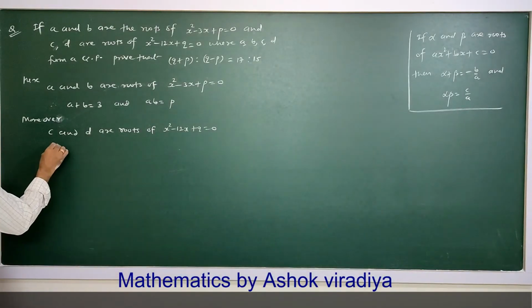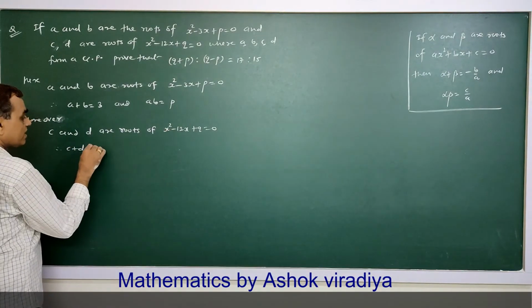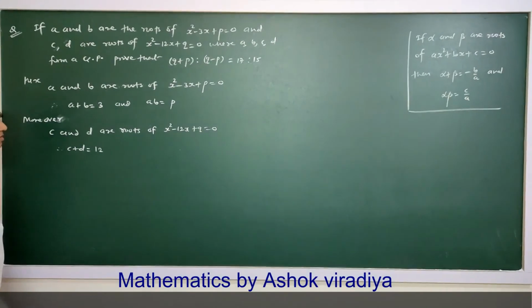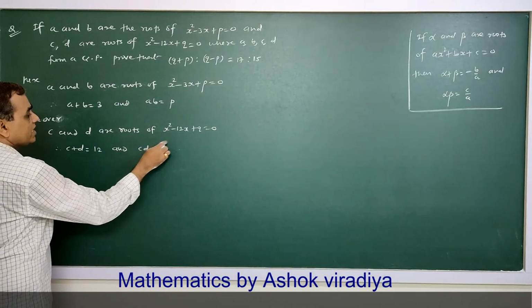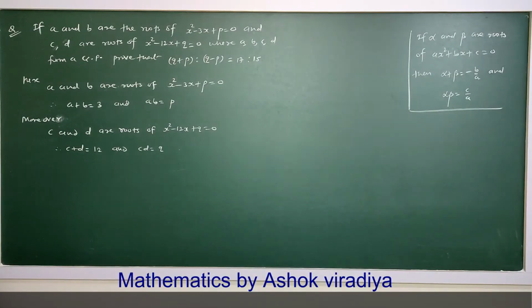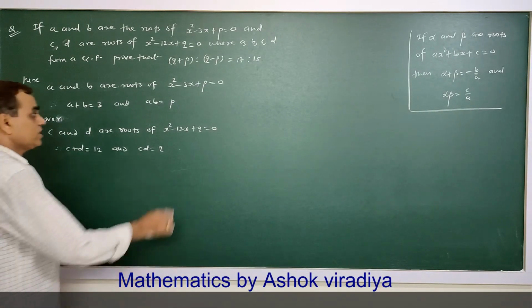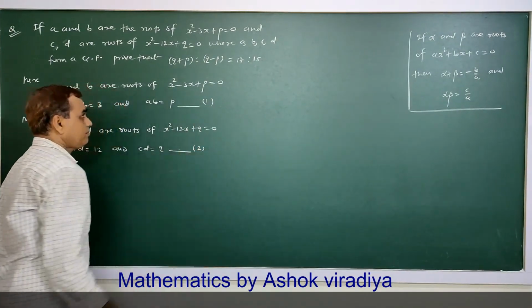So C plus D is minus of minus 12 by 1, that is 12, and C into D is q by 1, that is q. So we have these two results, result 1 and result 2.